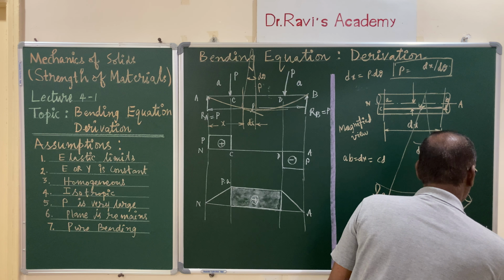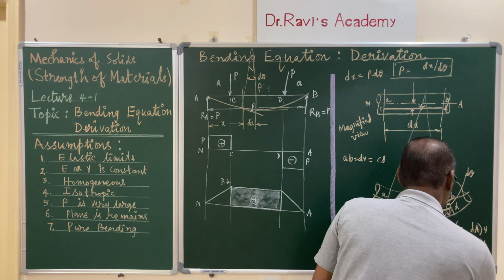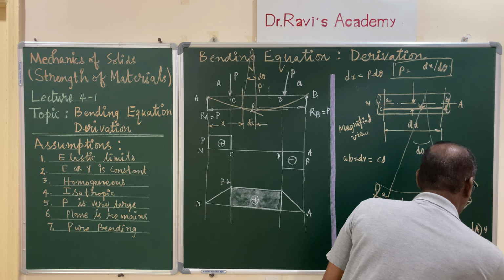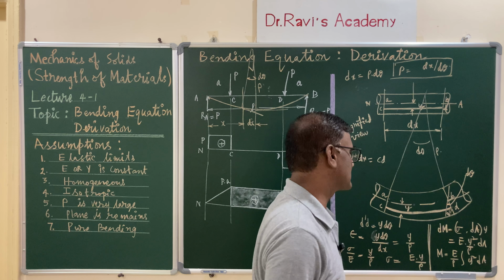You have another y, so that becomes y square. The total moment M is equal to the integral of E by rho, which is outside, times the integral of y square dA, and the integral of y square dA is nothing but I. So M is equal to E by rho into I, where I is the moment of inertia, or M by I is equal to E by rho.